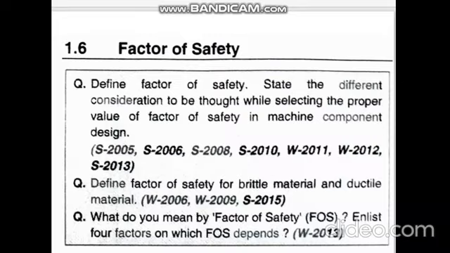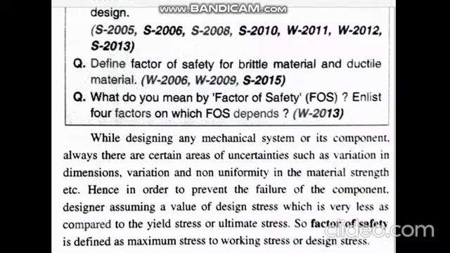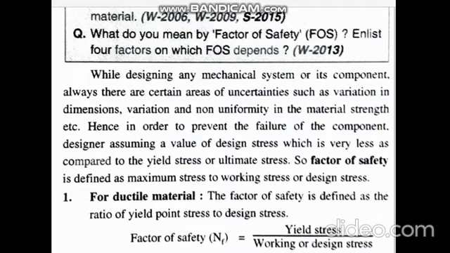Factor of safety is a term we often use in machine design.